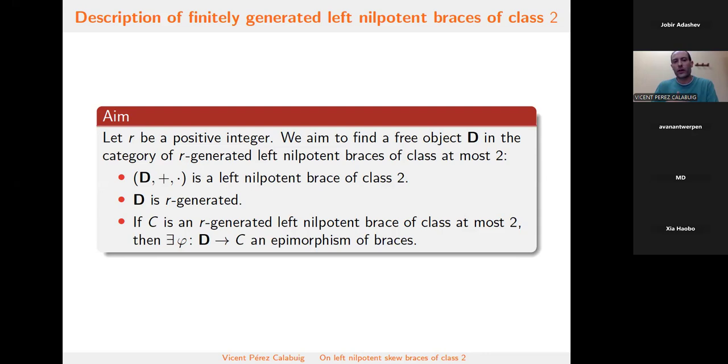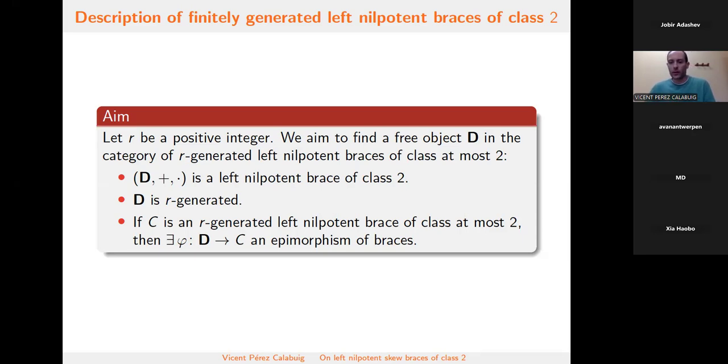So if we want to describe finitely generated left nilpotent braces of class 2, we aim to find a free object in the category of r-generated left nilpotent braces of class at most 2. So we want to construct first a left nilpotent brace of class 2. It must be r-generated, and so that every r-generated left nilpotent brace of class at most 2 can be seen as a quotient of our free object B.